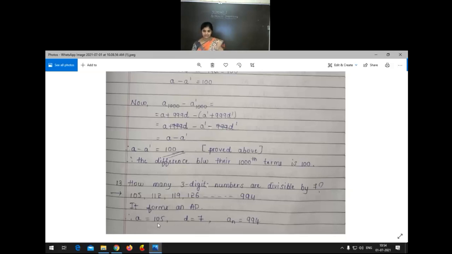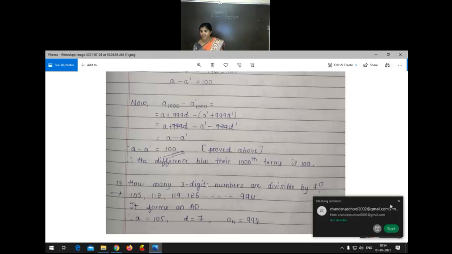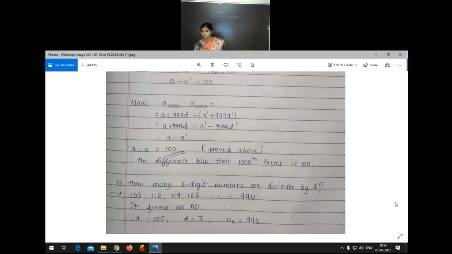Now list out the terms. A is equal to 105. D is equal to 7. Then AN is 994. How many 3-digit numbers are there? So now 105 to 994, how many numbers will come? That is N. N we have to work out.